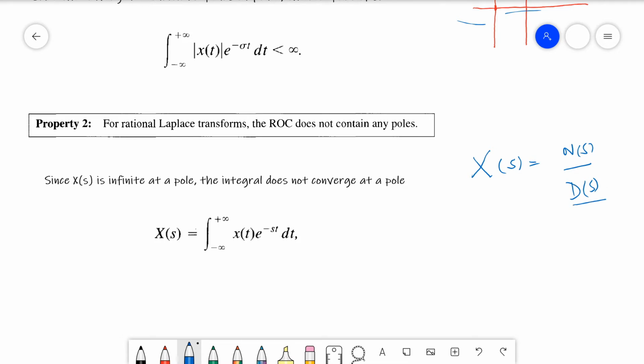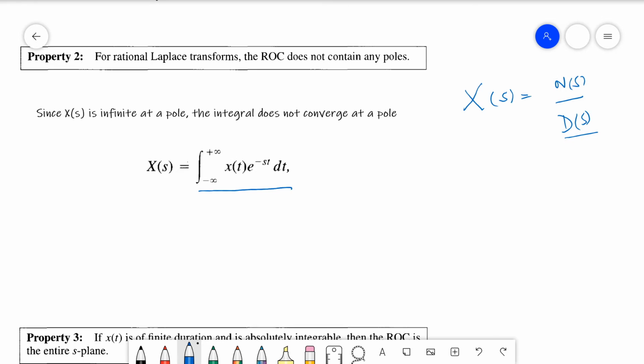When X of S goes to infinity, it means that in the convergence condition, this integration is not converging. So at a pole, the integration does not converge, and hence that point cannot be in the region of convergence. That's why we're saying that the region of convergence should not contain any poles.